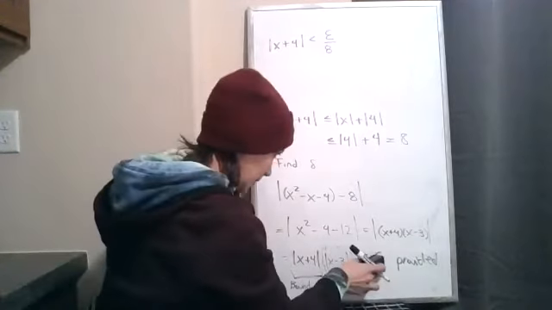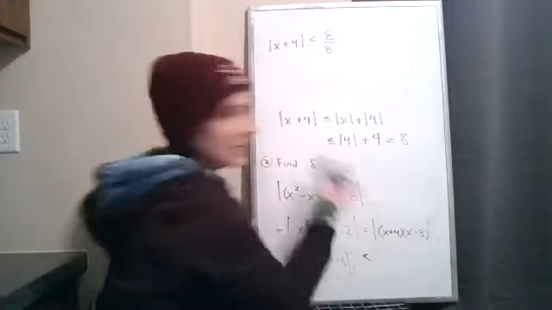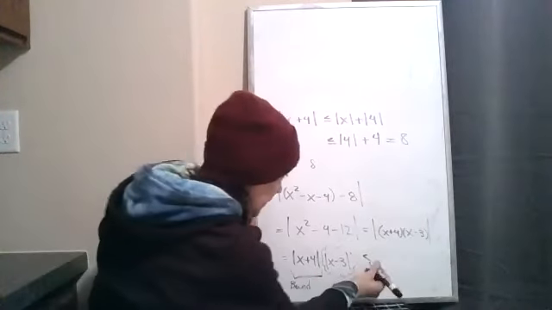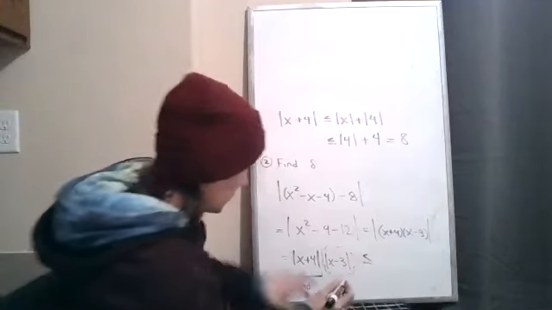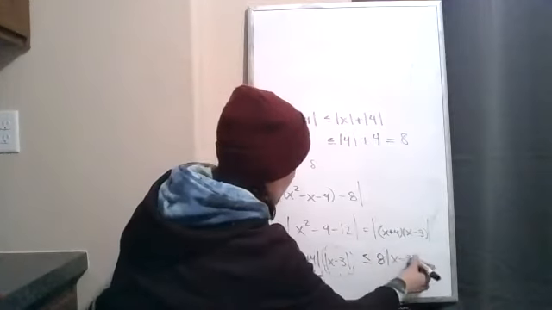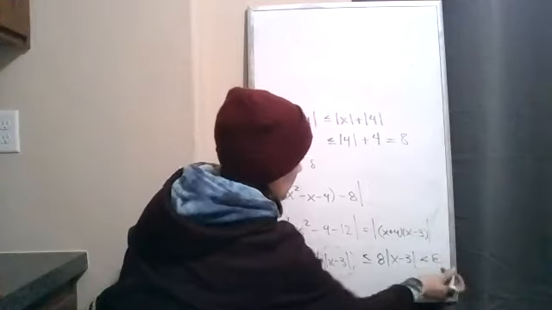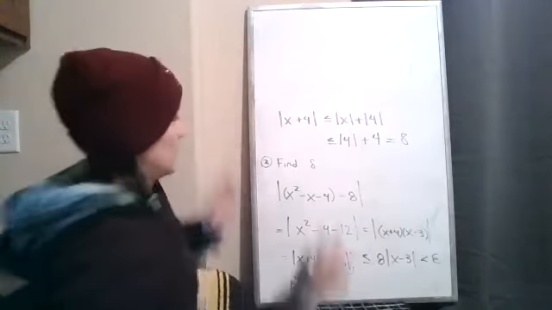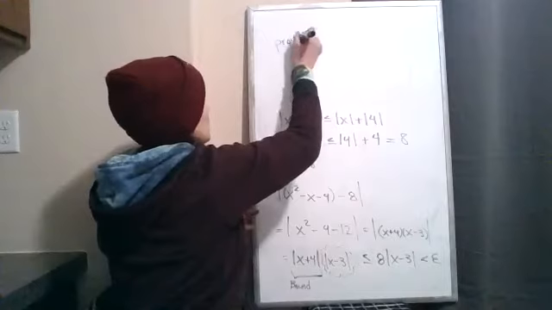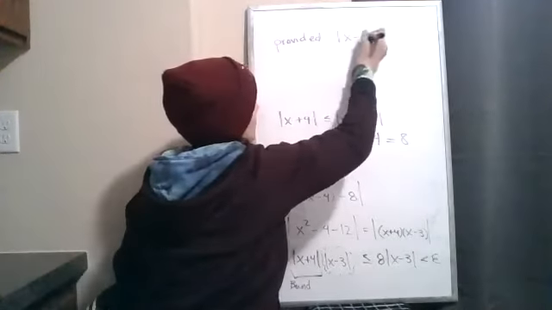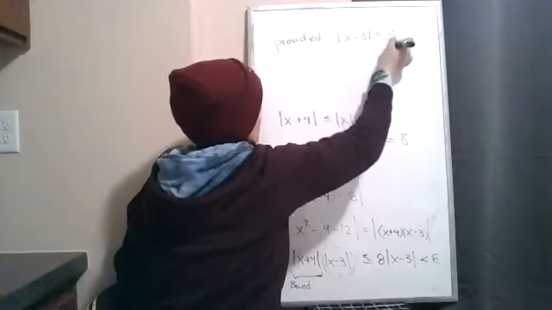Let's try this better. It's the same stuff, I'm just going to make it clear. So this part will be less than or equal to 8 times the absolute value of x minus 3, which is less than epsilon if x minus 3 is less than epsilon over 8.